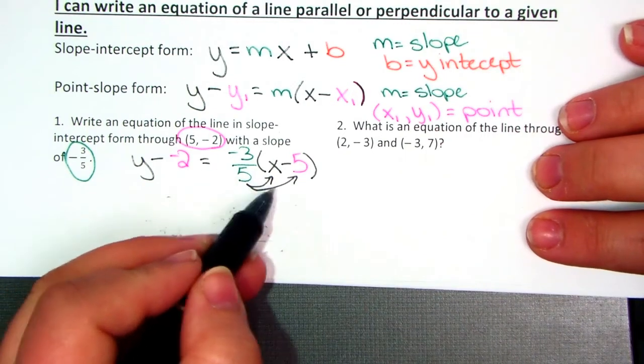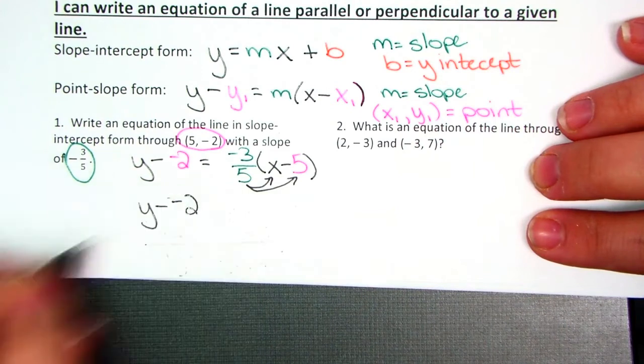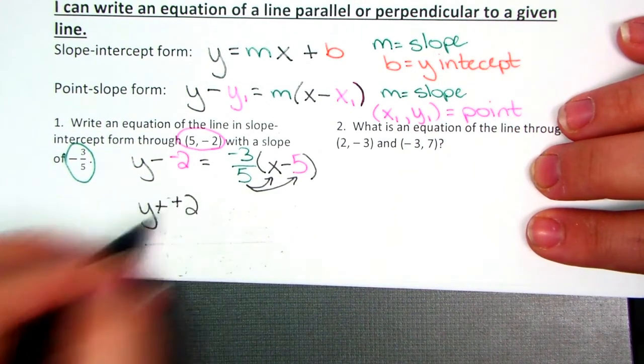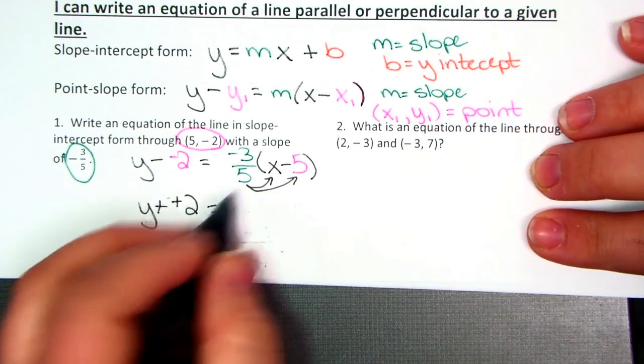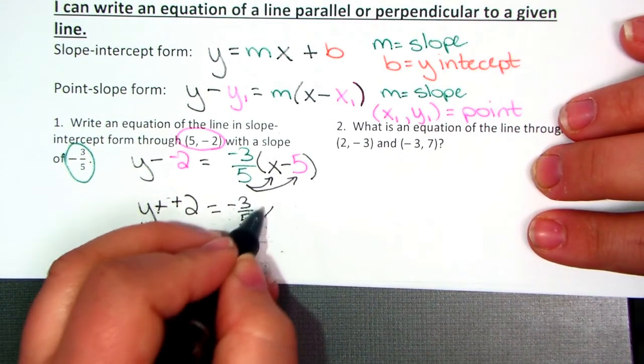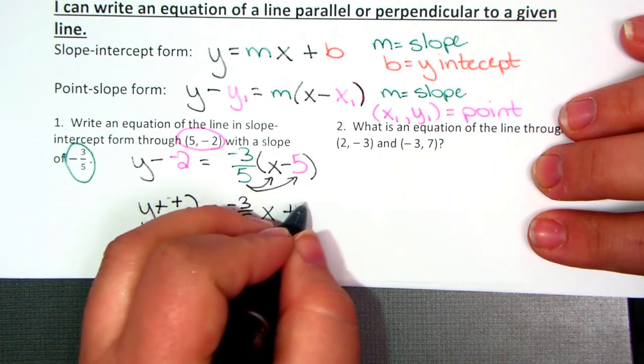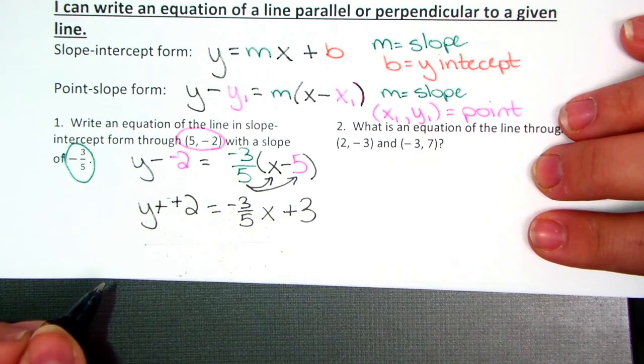When we distribute this, the left side stays the same, minus -2, which we know really is positive, and -3/5 distributed to x is -3/5 x. -3/5 times -5 gives me +3. So I got rid of the parentheses.